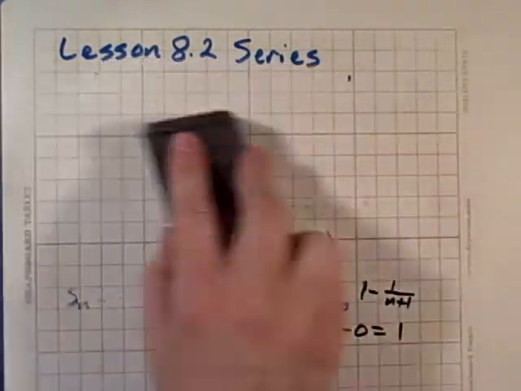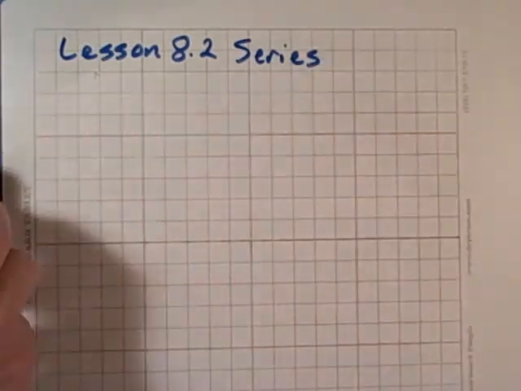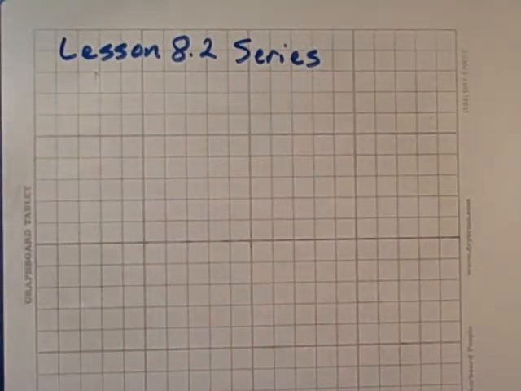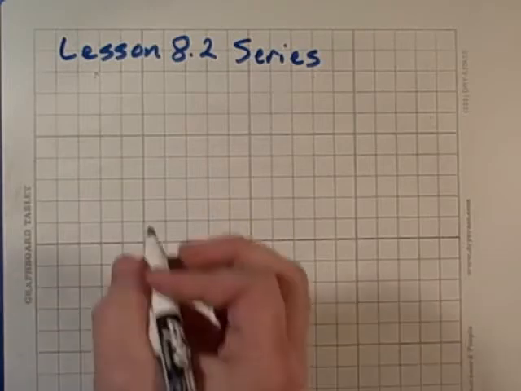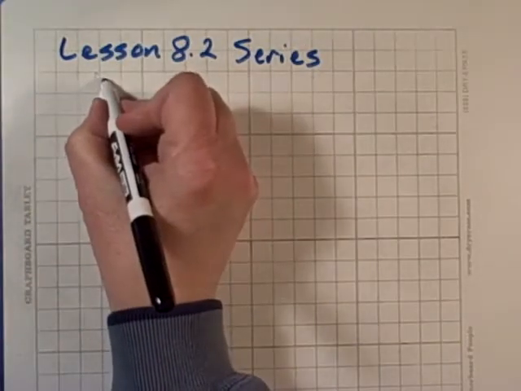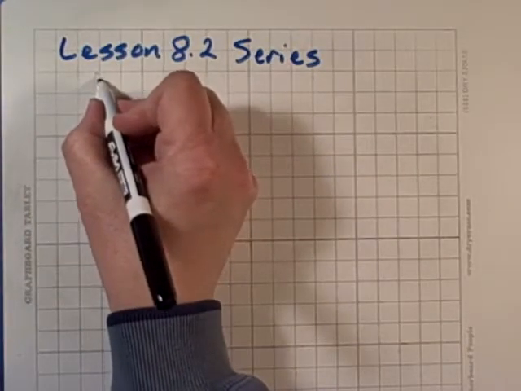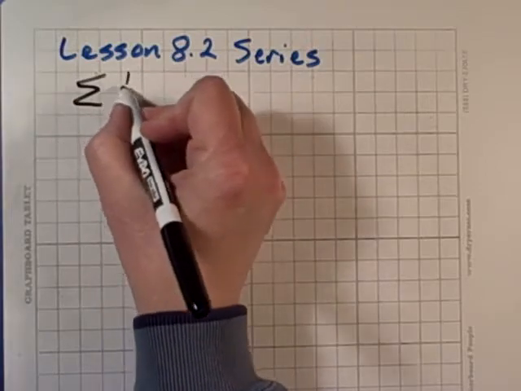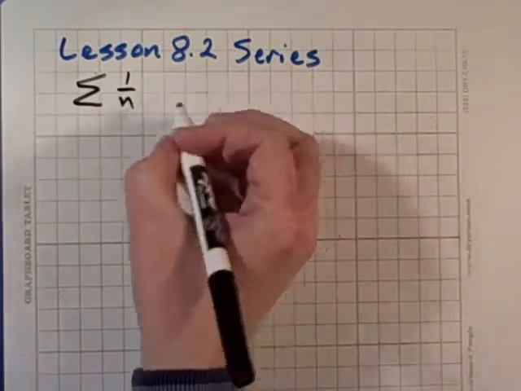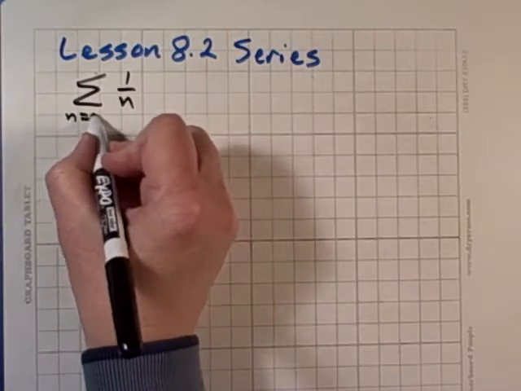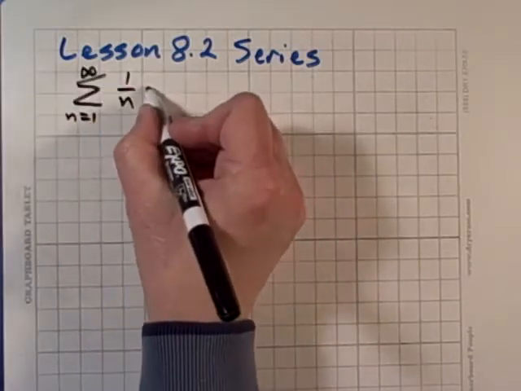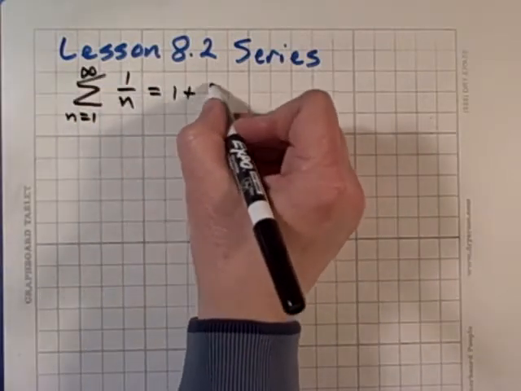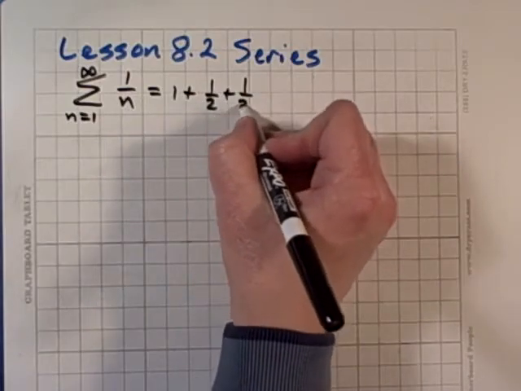The harmonic series is also a famous one. I will summarize what's stated in the lesson. Sometimes our intuition just doesn't tell us what the sum is going to be. Our instincts tell us that this would climb to infinity. 1 plus 1 half plus 1 third.